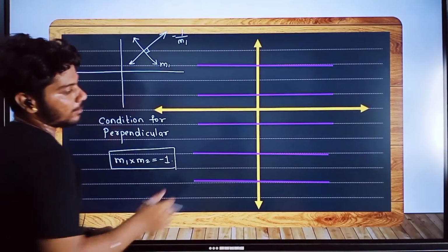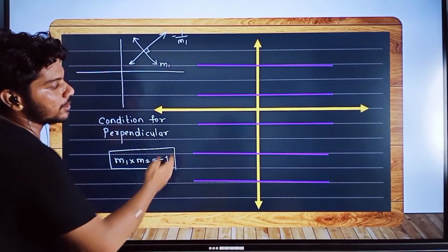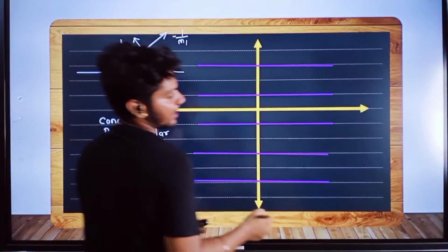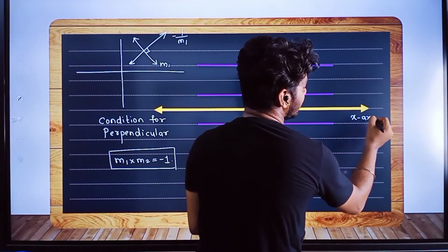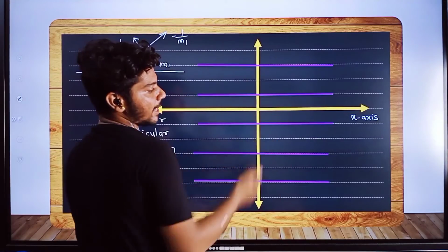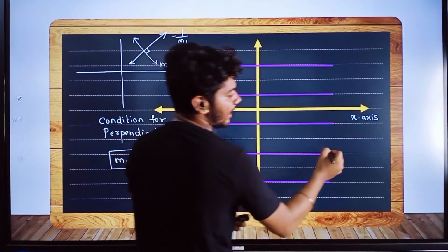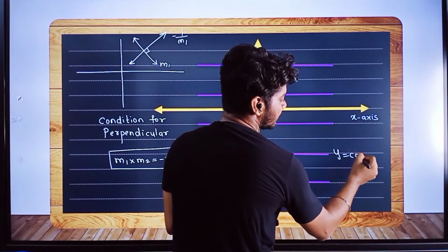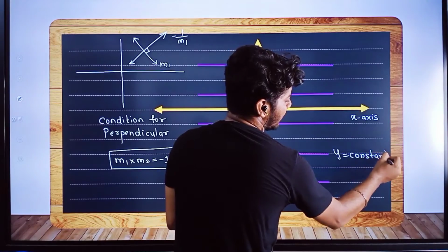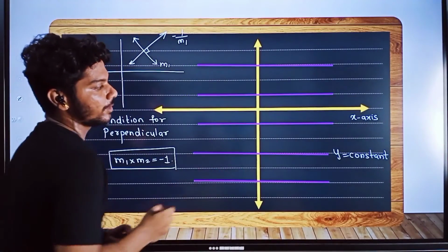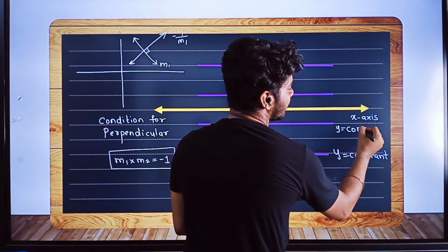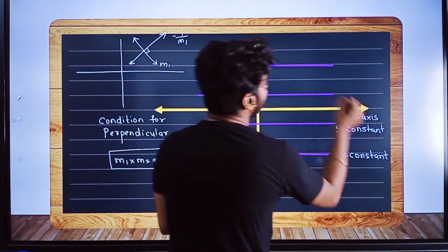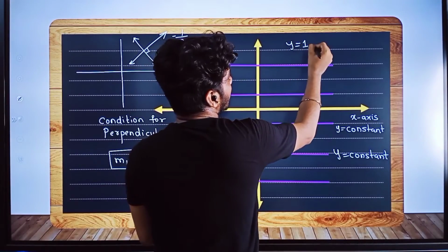One more thing: suppose these lines are parallel to x-axis. If a line is parallel to x-axis, the equation of that line is y equal to constant, like y equal to 1 or y equal to 2.